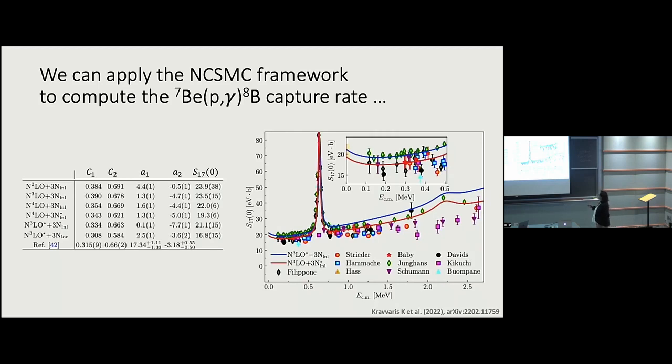And these are the asymptotic normalization constants of the boron-8 wave function that is the final state of this capture process. Again, we have coupled channel calculations. The boron-8 ground state is mainly made of two configurations in which the proton and the beryllium-7 are in a p-wave relative motion.